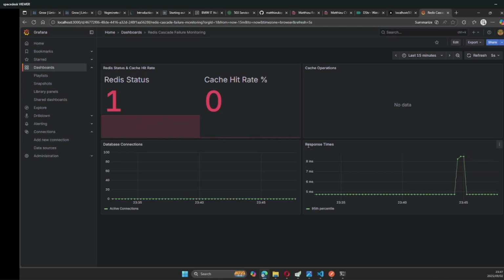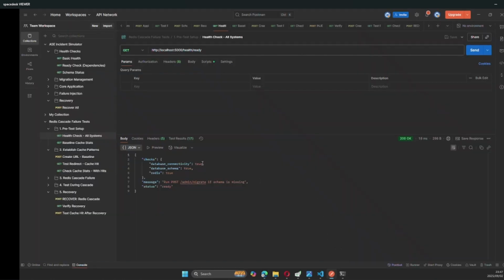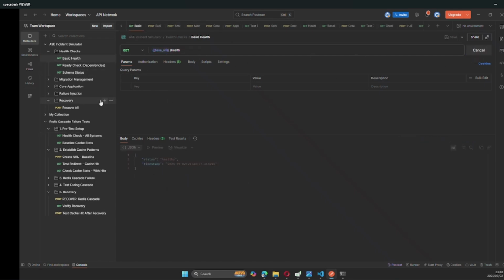So we're going to create a few URLs to establish the baseline pattern. Over here we're just going to create some URLs and check the basic health.